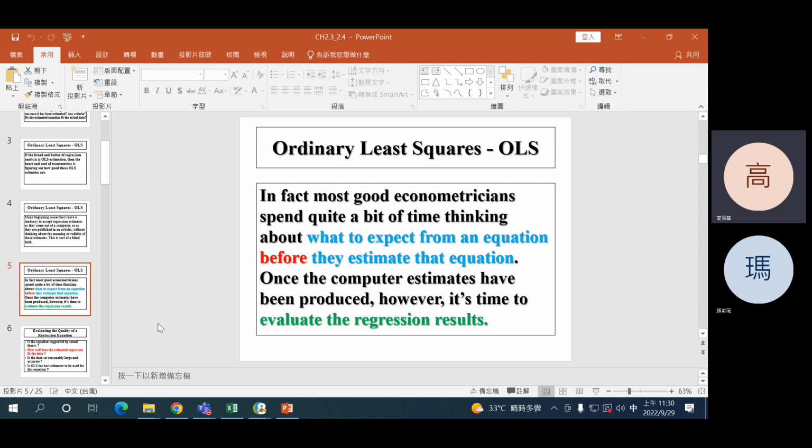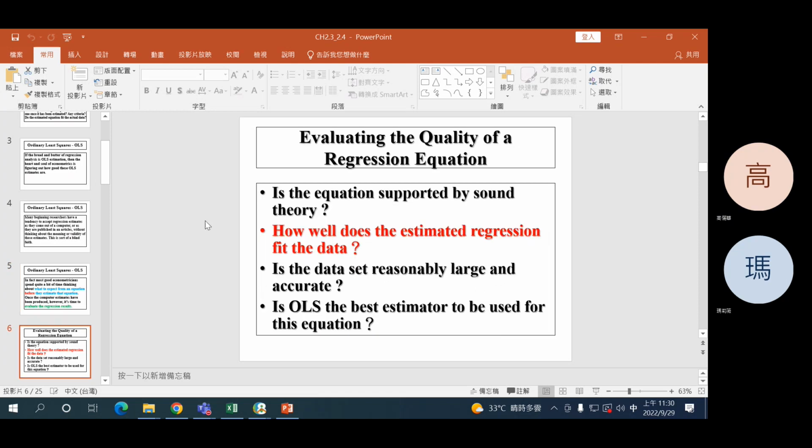Once the computer estimates have been produced, however, it's the time to evaluate the regression result. So after you do the estimation using computers, actually your work is to evaluate this regression result. So how do we evaluate?